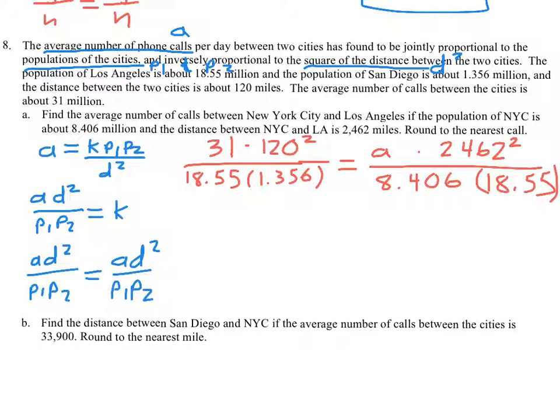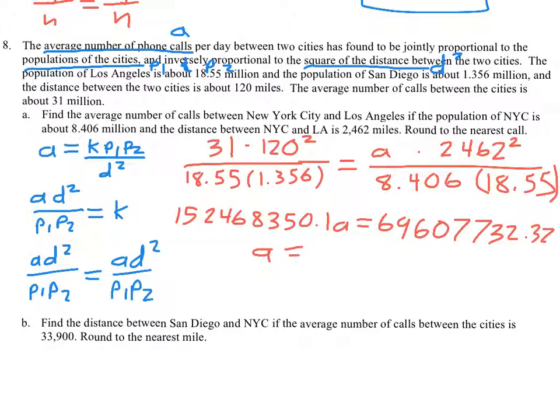Okay, so now we multiply, and I'm going to start with the diagonal that has the variable in it. 18.55 times 1.356 times 2462 squared is 152468350.1 A equals, now we're going to multiply the other diagonal, 31 times 120 squared times 8.406 times 18.55, which is 69,077,32.32.